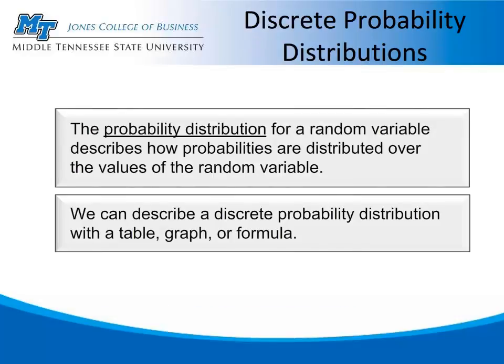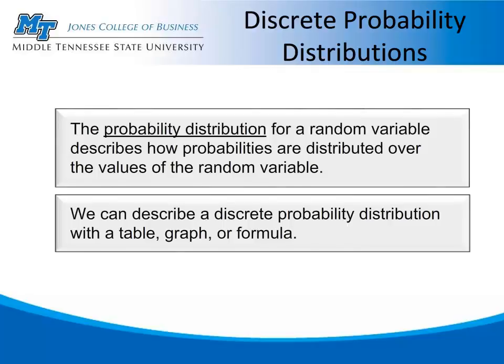Now the probability distribution, these are the probabilities that are associated with different values of the random variable. Now you can show these as a table, you can show these as a graph, but you can also calculate them through a formula.